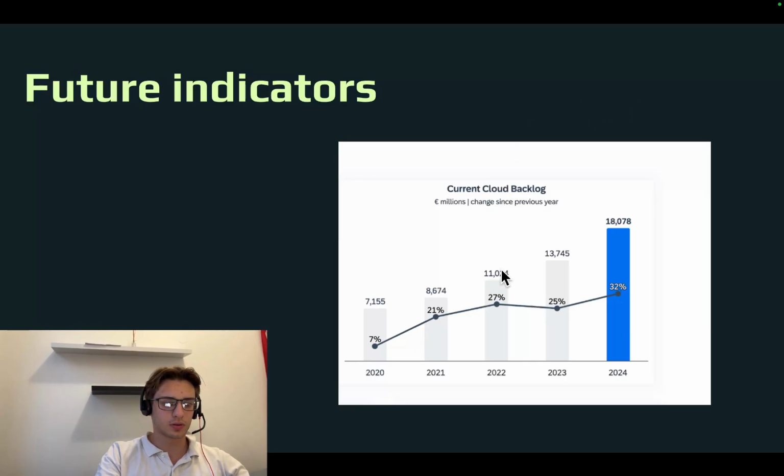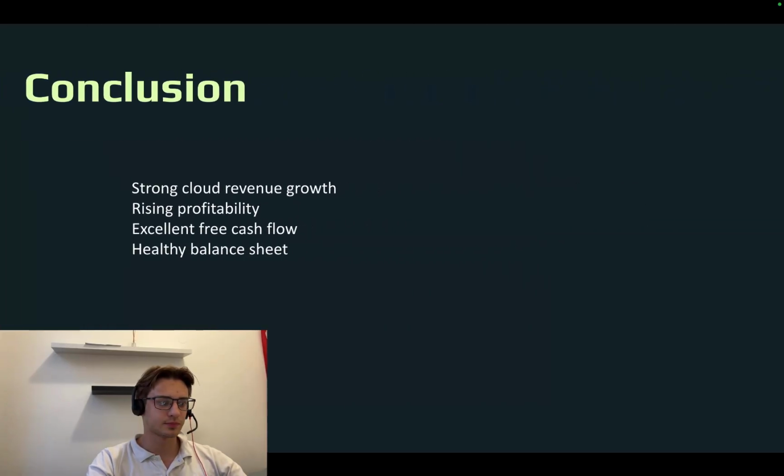So the backlog grew very much from 2020 to 2024, and now it's 18 billions of future revenue.